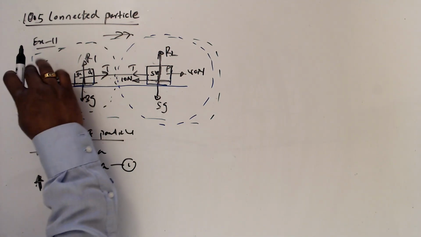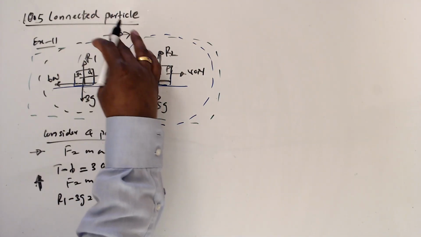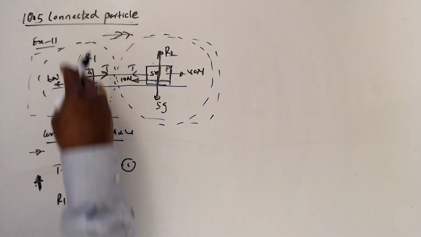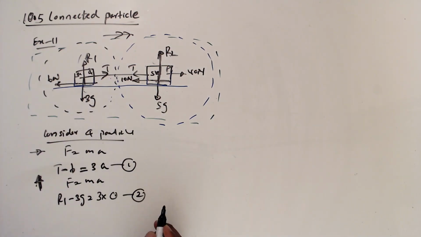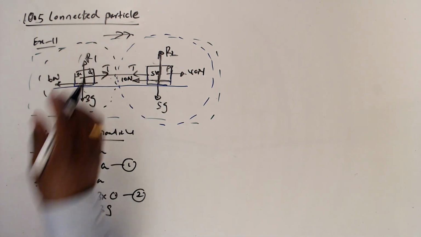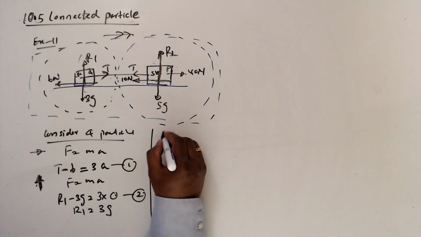This system only accelerates to this side, it is not flying nor sinking, because of that the vertical acceleration is 0. So this is the second equation. Now it is clear that you can simply find R1 equals 3g.